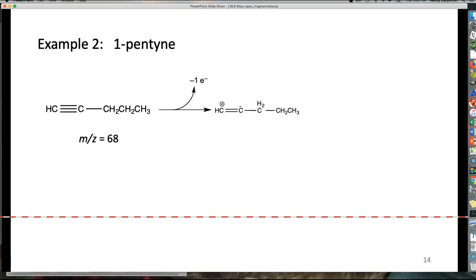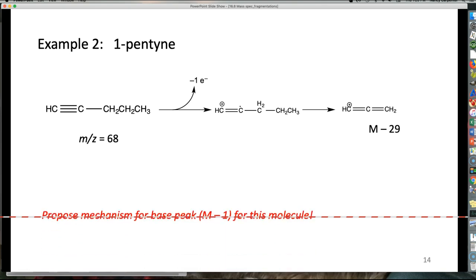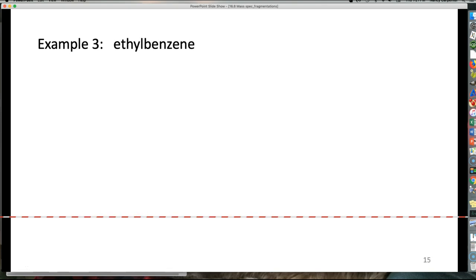Now, there she blows. There's the M-29 structure. What you want to think about is, how could I get an M-1 peak for this particular molecule, 1-pentyne? Propose a mechanism.